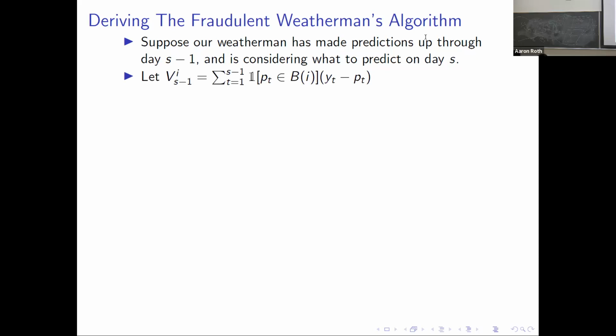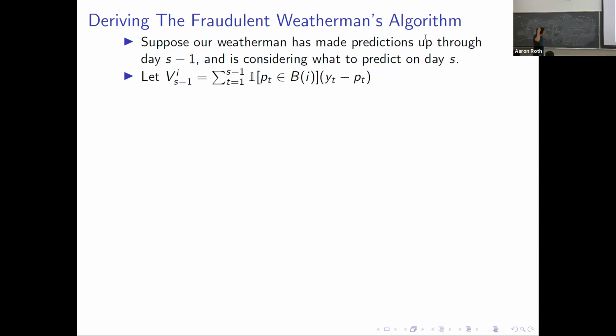Maybe one thing I should be keeping track of is, for each bucket, what is my track record so far? Let's say that V_i^{S-1} is my track record conditional on predicting an i% chance of rain.